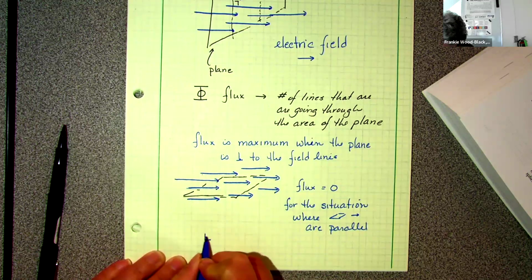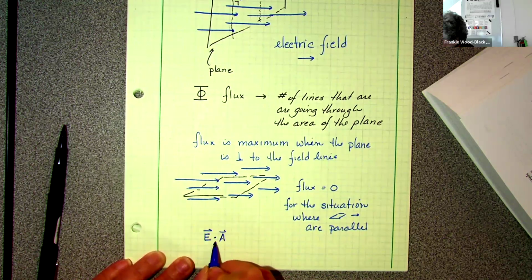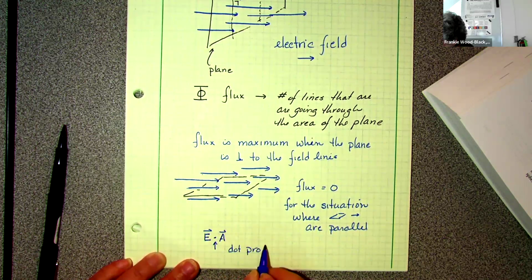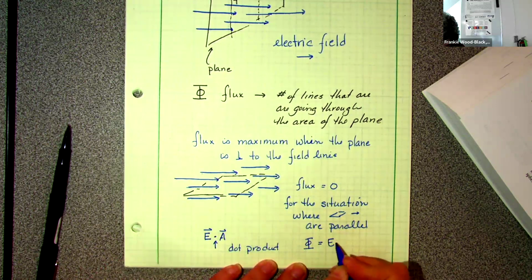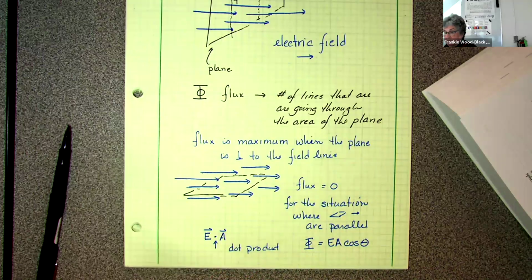If I have a vector that's an E and I have my area and I do a dot product, what happens is this now becomes E A cosine of my angle.